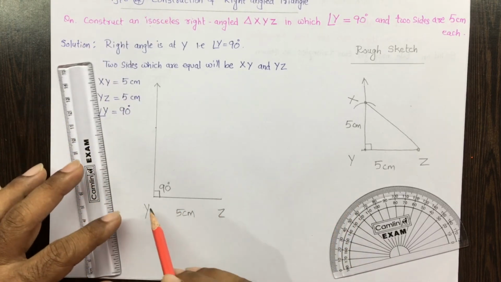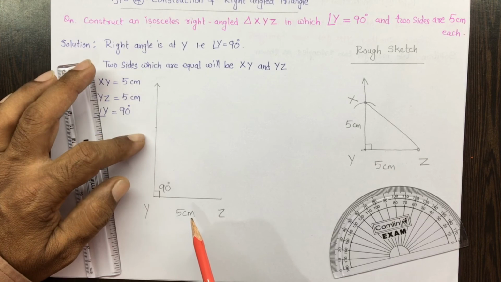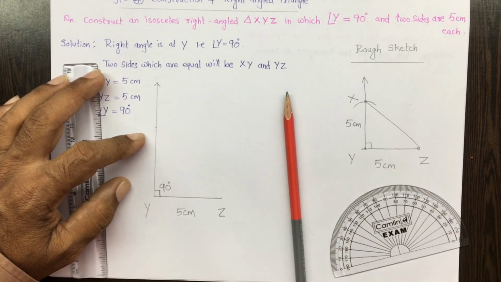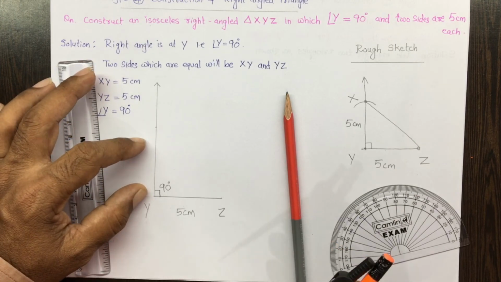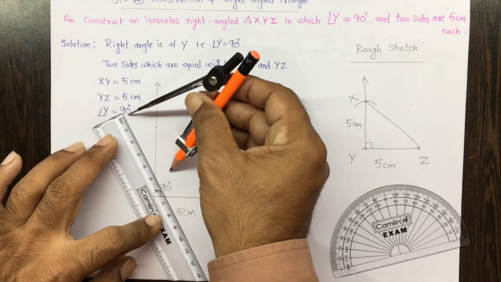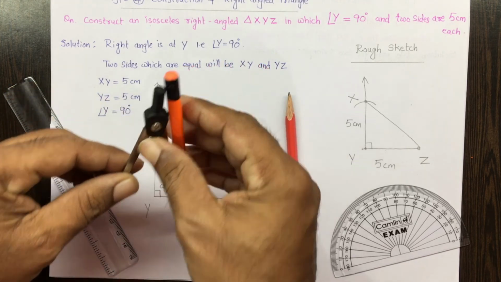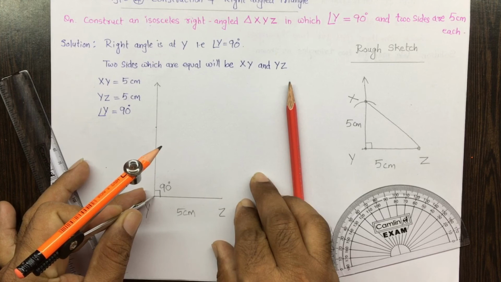Now, X will be on this particular ray. So, XY is 5 centimeters. So, we need to draw an arc with 5 centimeters radius from Y, with Y as center.